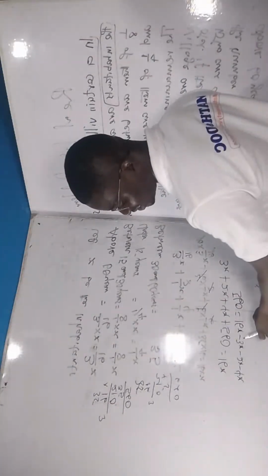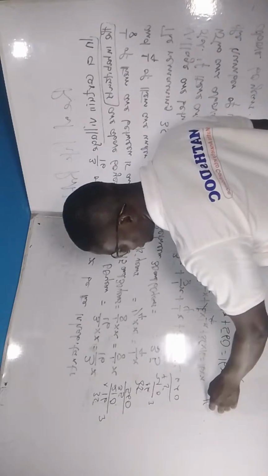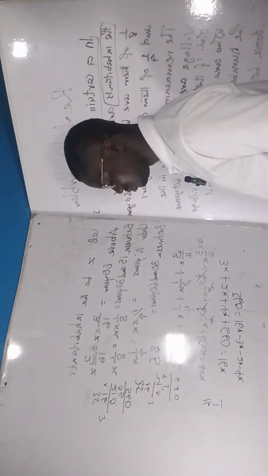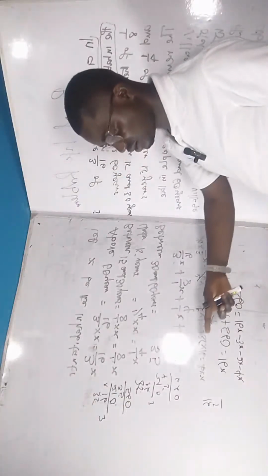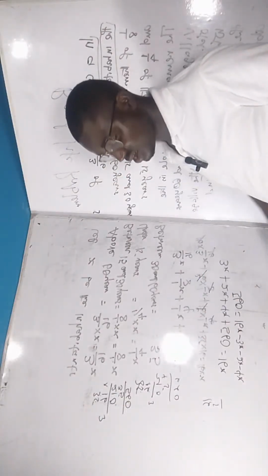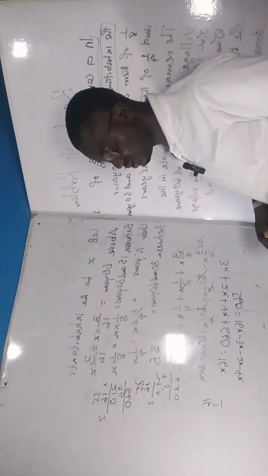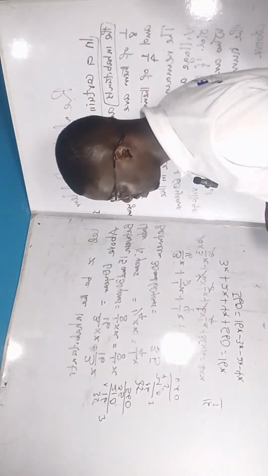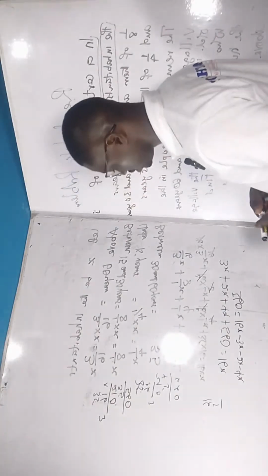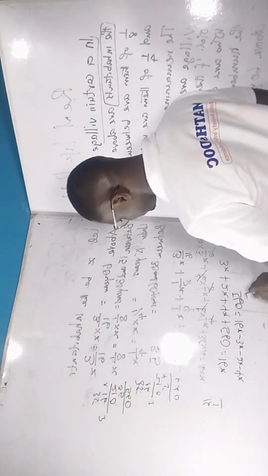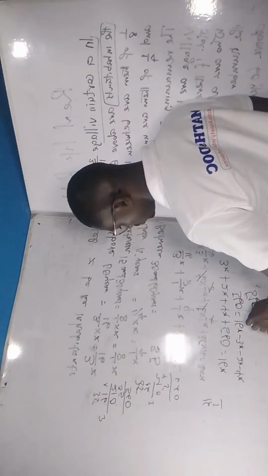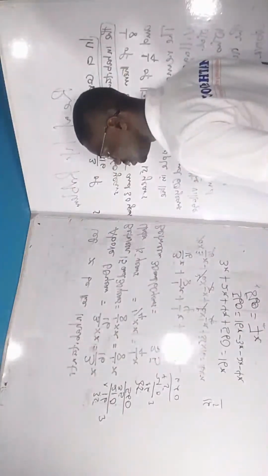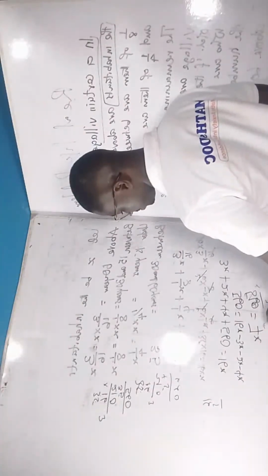So 16 minus 9 is 7. So we have 560 is equal to 7x. Now let's divide both sides by 7.